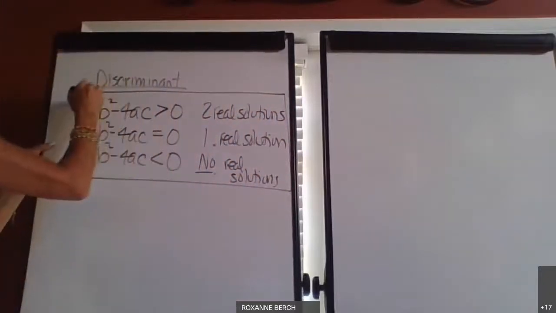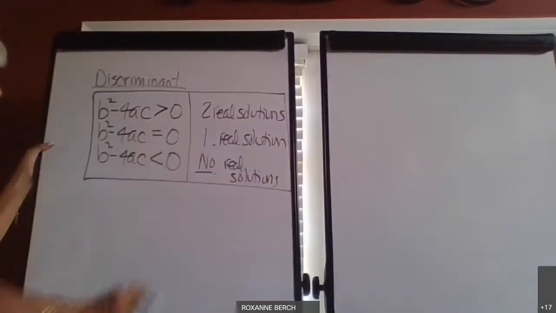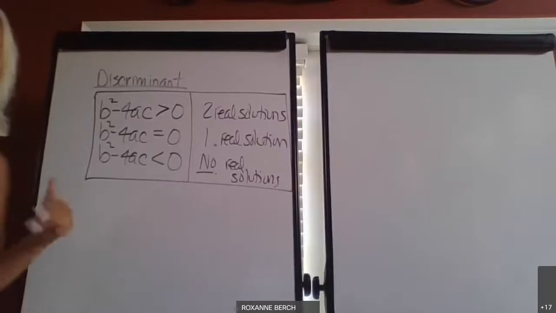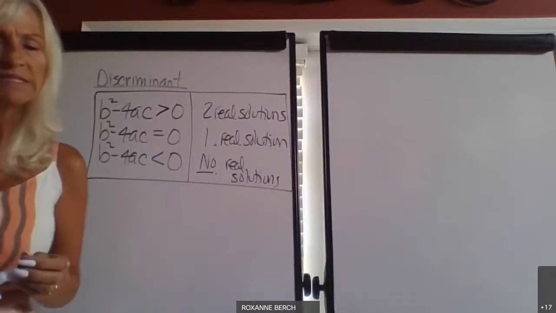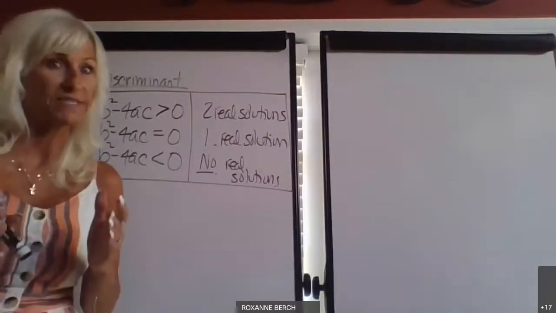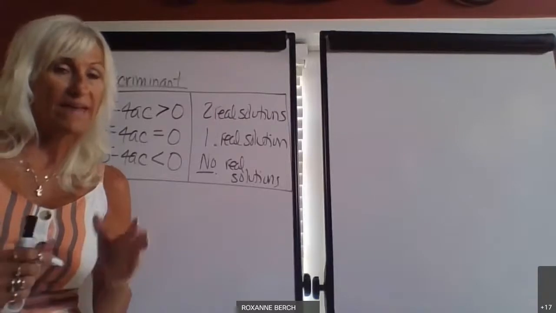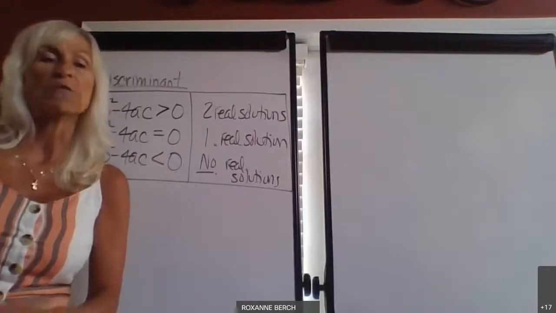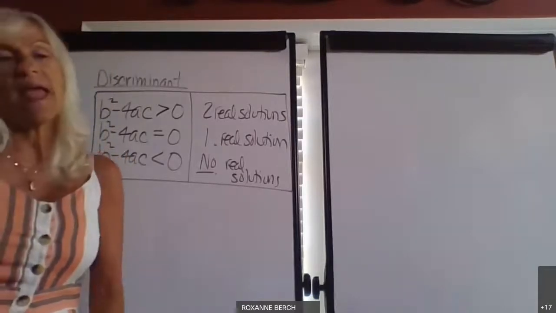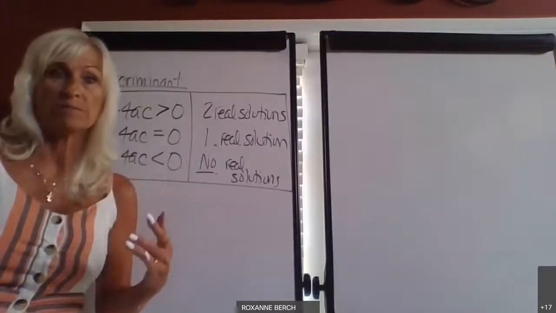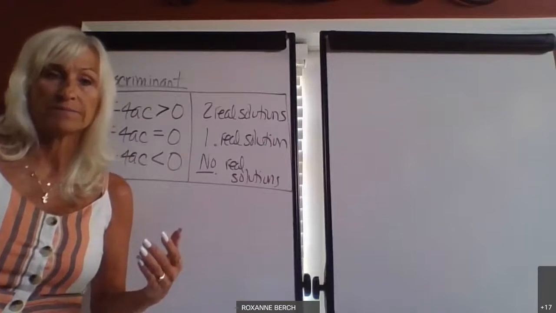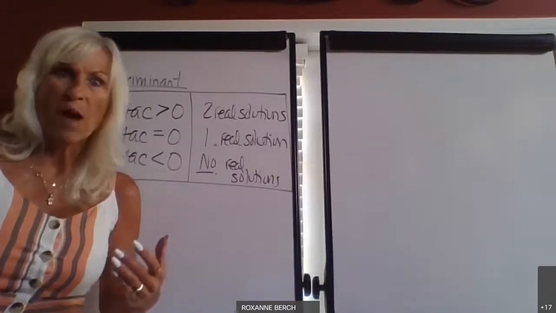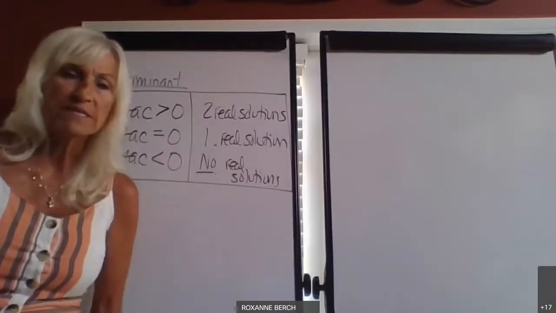Now, what's the purpose of this? Well, the discriminant does not tell you what the solutions are, but it tells you the nature of the solutions. So for example, let's say we have a real life problem to do with a quadratic. Do you want to go through all those solving methods?